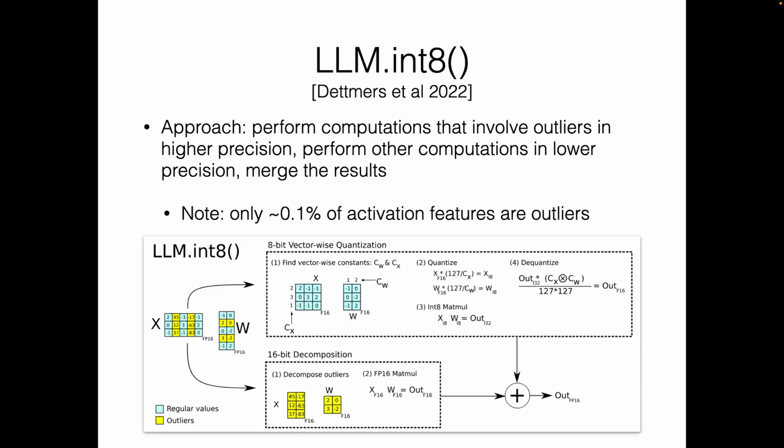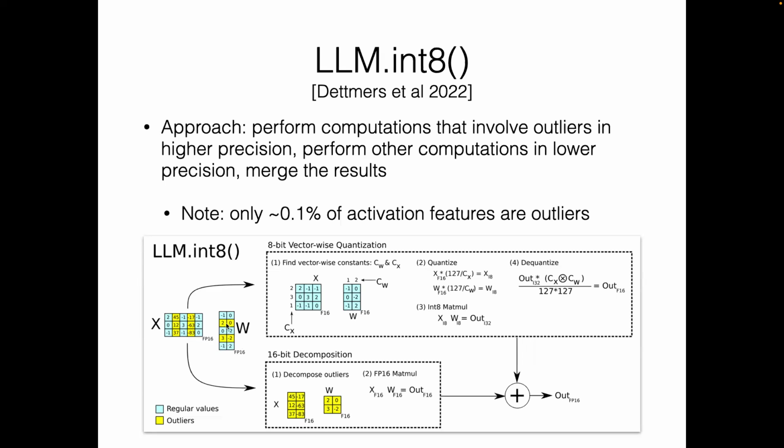So here's the picture. Again, here you have X and you have the weight matrix. And you could consider again how matrix multiplication is performed. You can see that, for this outlier feature, it corresponds to performing some multiplication with these rows of the weight matrix.